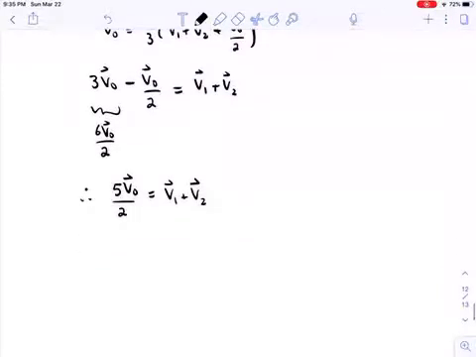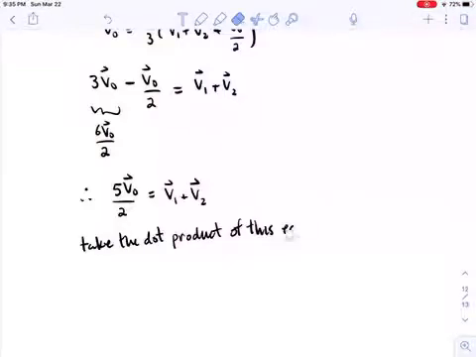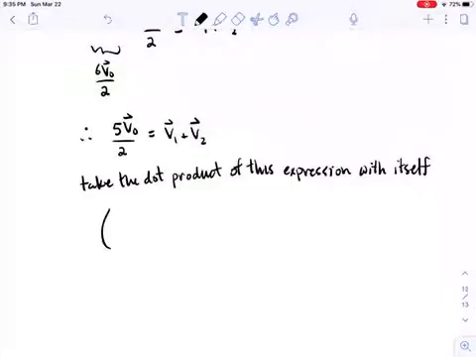Now we're going to do a little bit of a trick. Let's take the dot product of this expression with itself. So what does that look like?